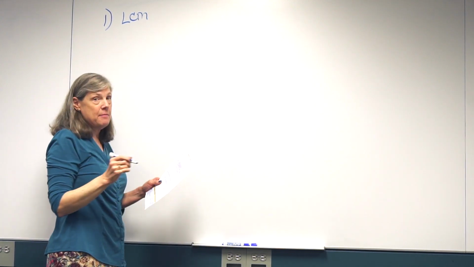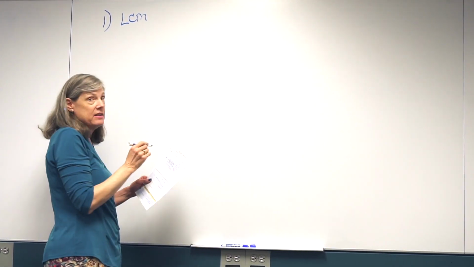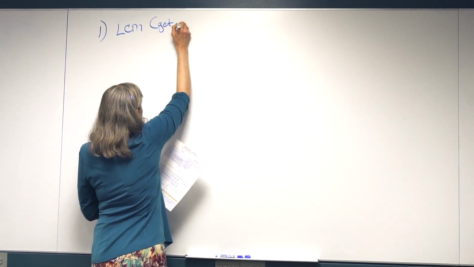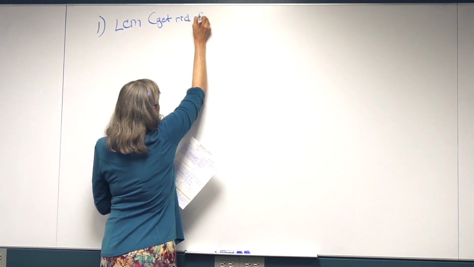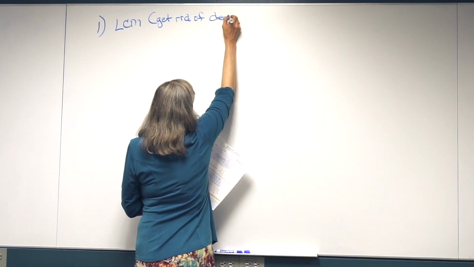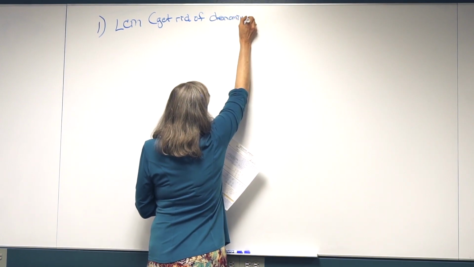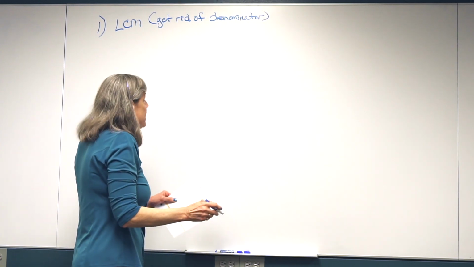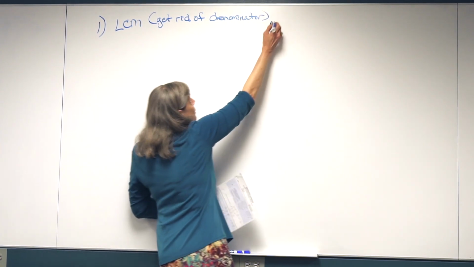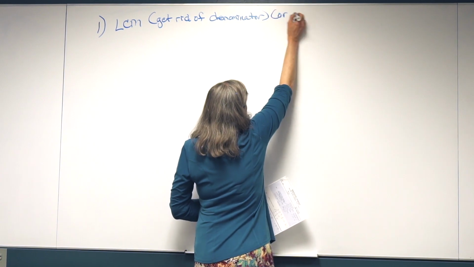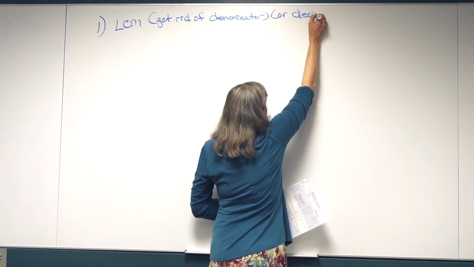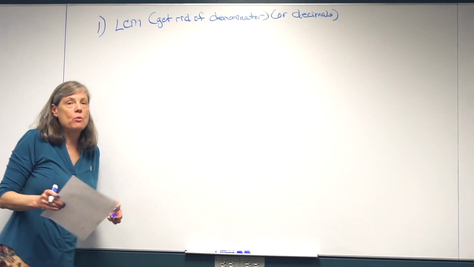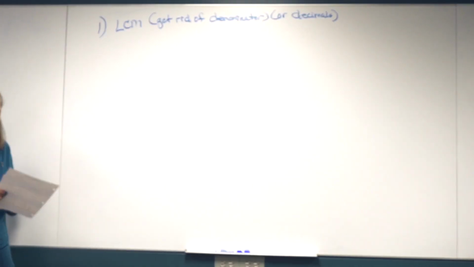If it has denominators, we're going to find the LCM and get rid of the denominators, or get rid of the decimals, whichever one it has. So that's step number 1.